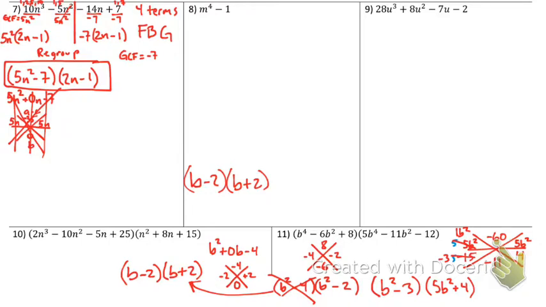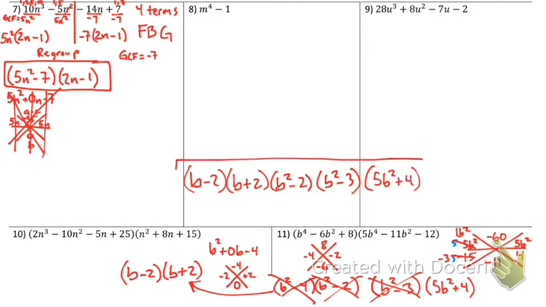We can't do anything more. B squared minus 2. Good. B squared minus 3. Good. And 5b squared plus 4. So I know it's crazy, but number 11, this is our final answer.